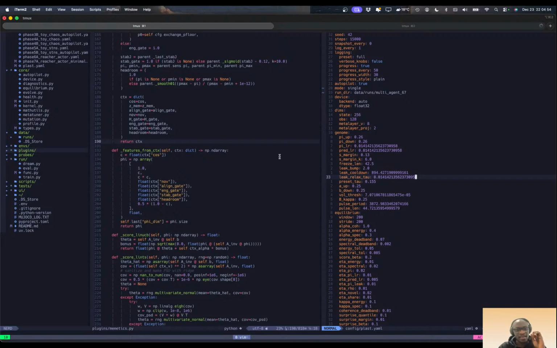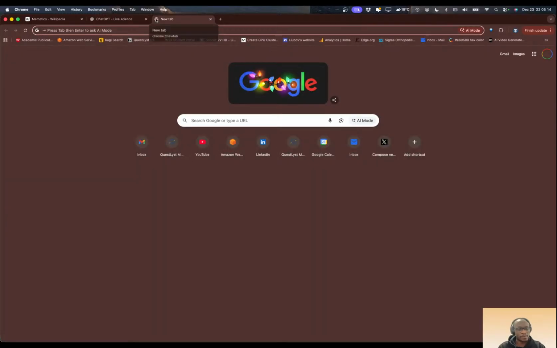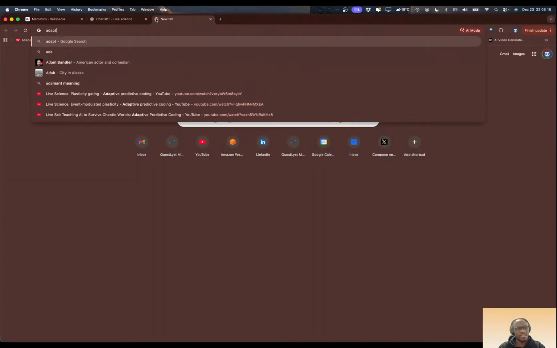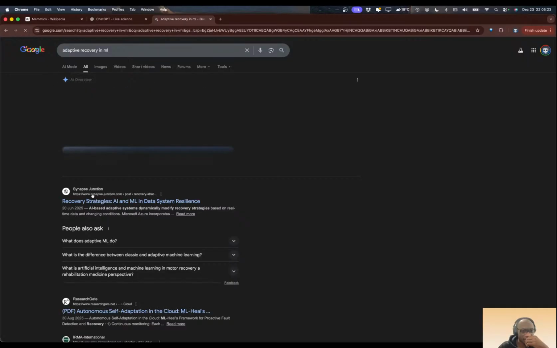And the next step is to figure out how to always keep the system in that position or recovery state. So we can talk about recovery. I don't know if there's an idea called adaptive recovery or something like that. Recovery in, is it ML? I don't know.